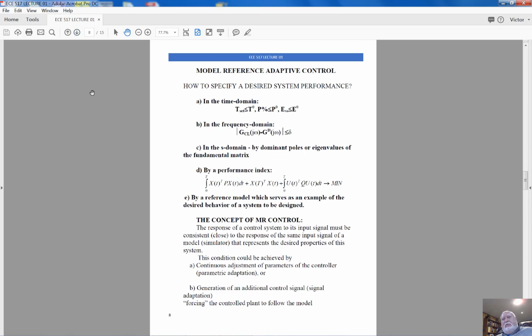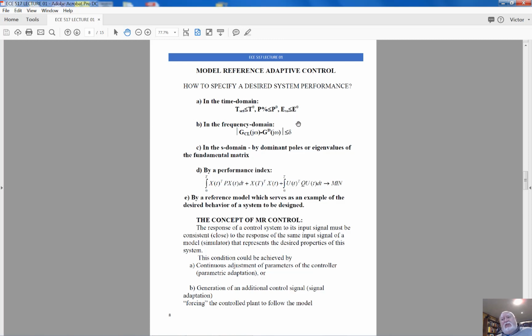And at this point, I want to start the discussion of the model reference adaptive control. And I will start from a rhetorical question: how to specify a desired system performance? What do you know about performance specification for a system? It could be time domain specification: settling time, overshoot, steady state error.